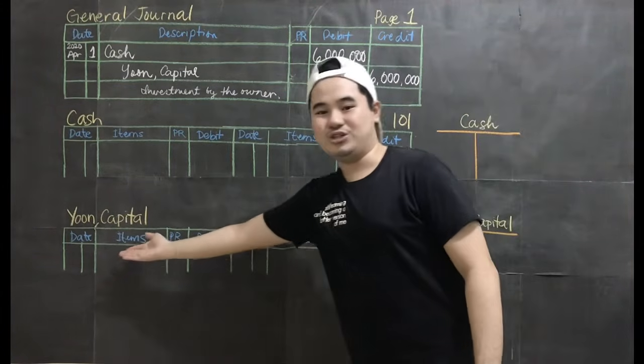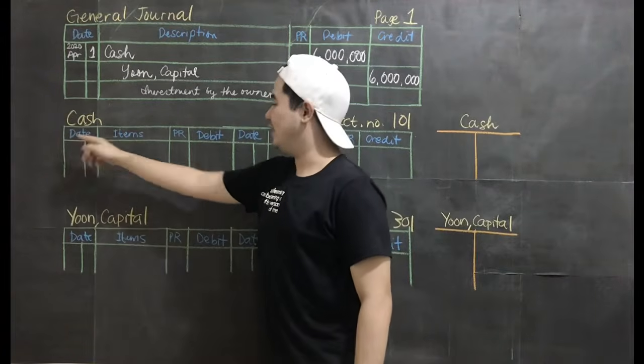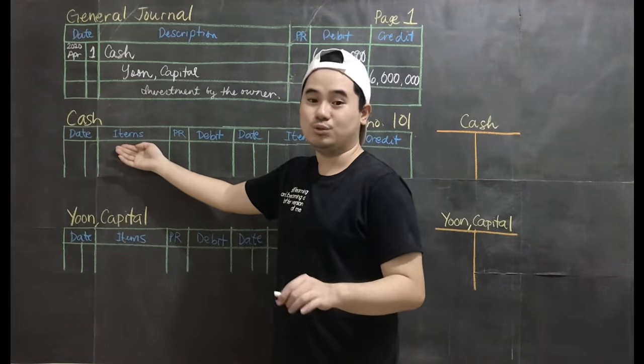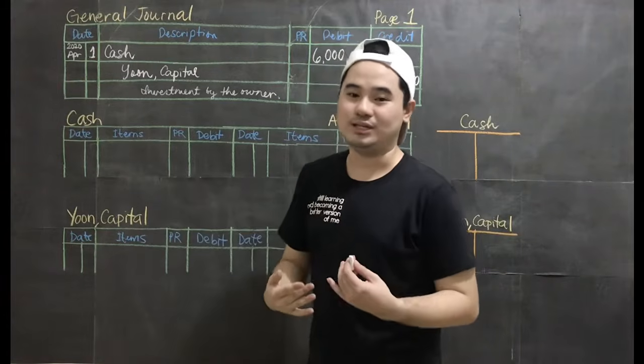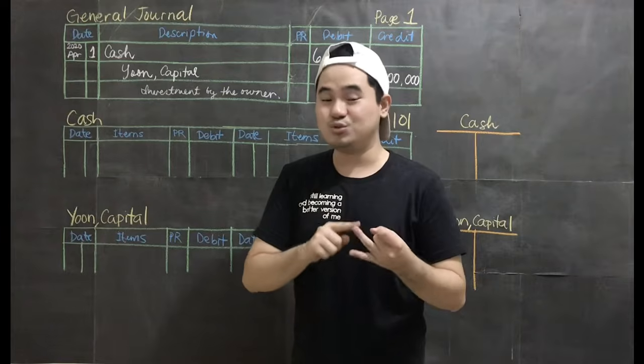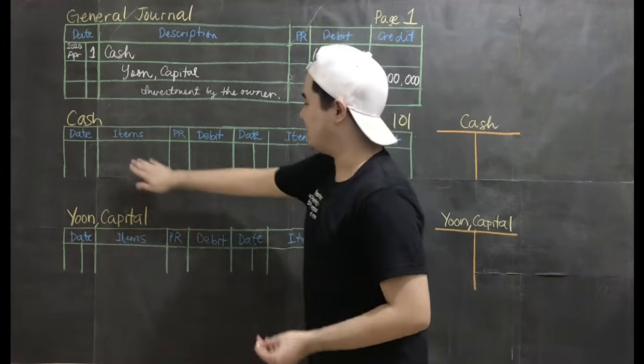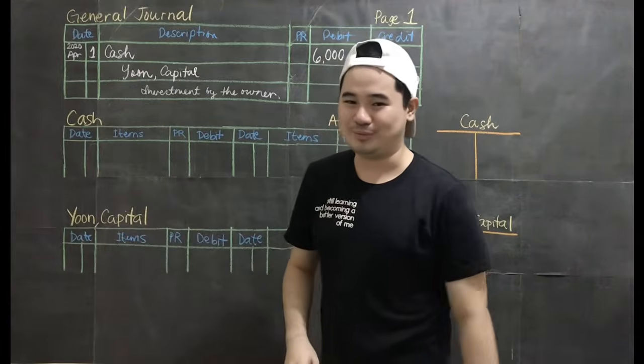Okay? And then, ito yung ledger natin for the capital account. Okay? So, we have the date column and then items column. Hindi natin to sinusulatan kapag normal journal entries. But for specialized journal entries like adjusting entries, closing entries, reversing entries, those different kinds of entries, tsaka natin to lalagyan. Pero tsaka na natin pag-usapan.